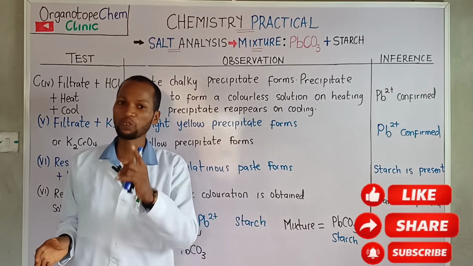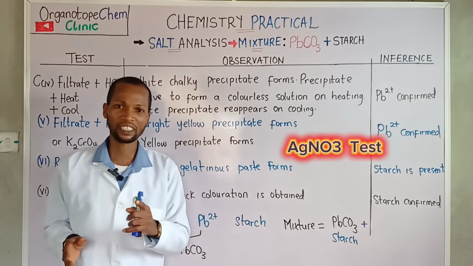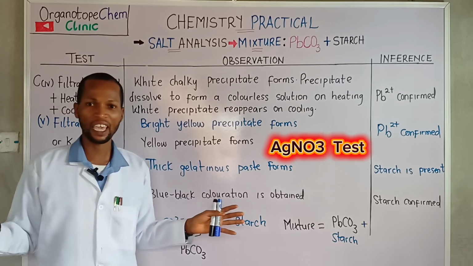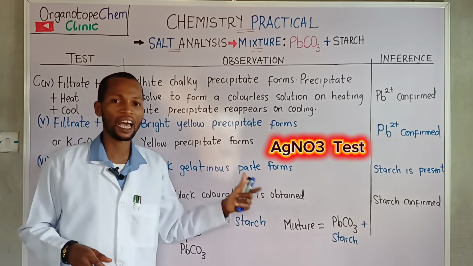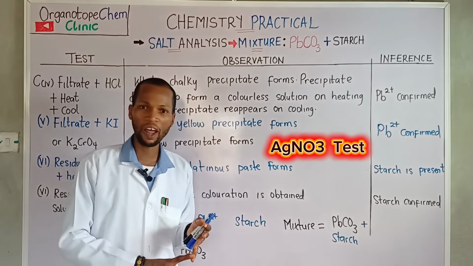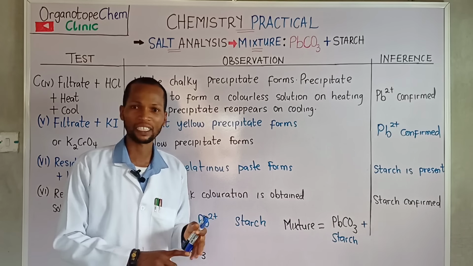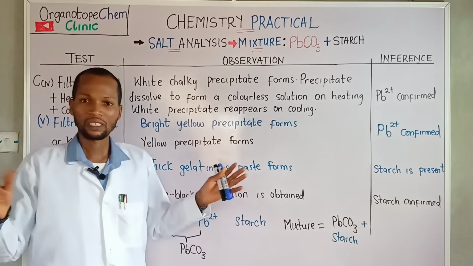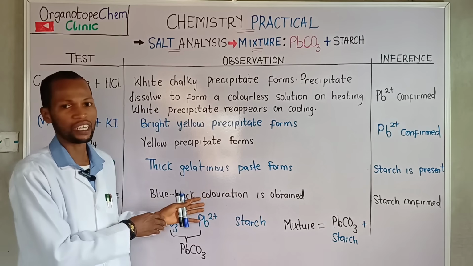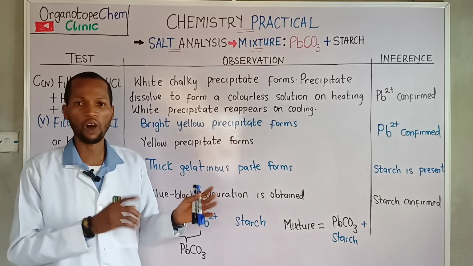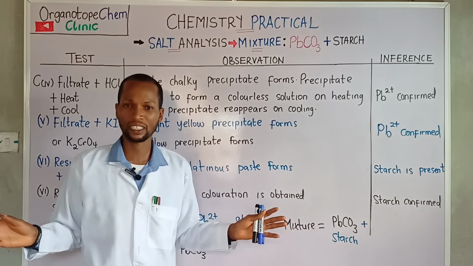In this salt analysis, we did not consider the silver nitrate test because the silver nitrate test is unique for halides, and we do not have halides in this particular mixture. That is, the chloride, the bromide, the iodide are actually absent in this particular mixture. Since the halide ions are absent, it will give no visible reaction for the silver nitrate test.